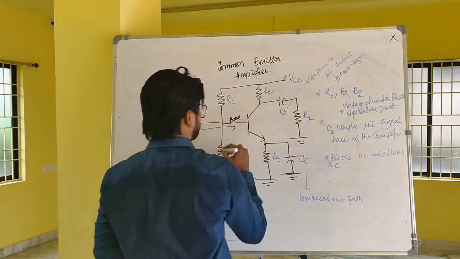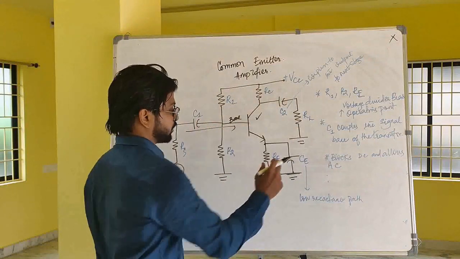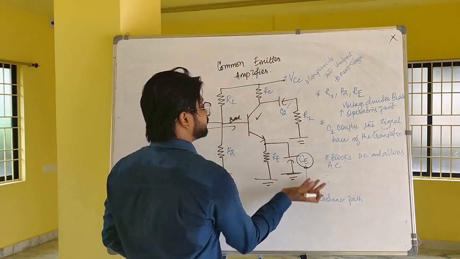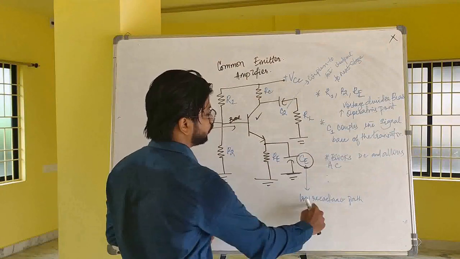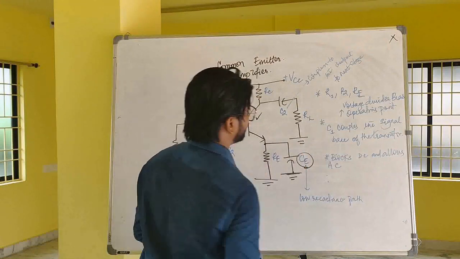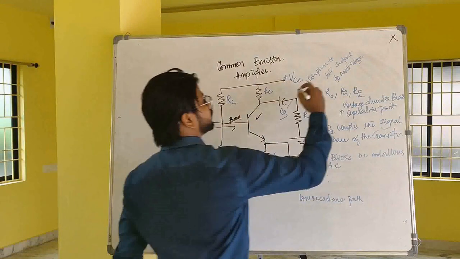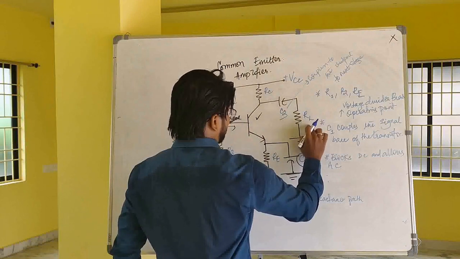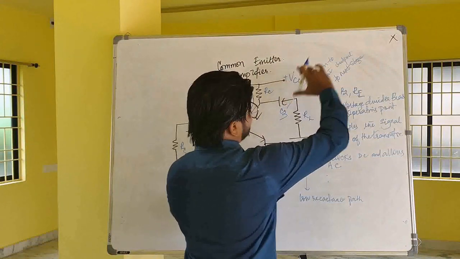By doing this it blocks the DC and allows only the AC signal to the transistor. The capacitance CE is connected parallel to the RE, which provides a low reactance path for the current to flow. The capacitance C2 couples to the output RL and also helps in connecting this to the further stage.